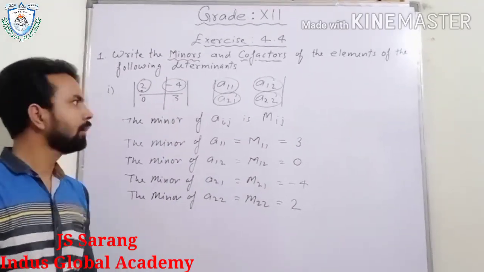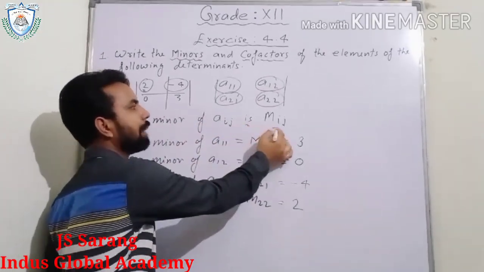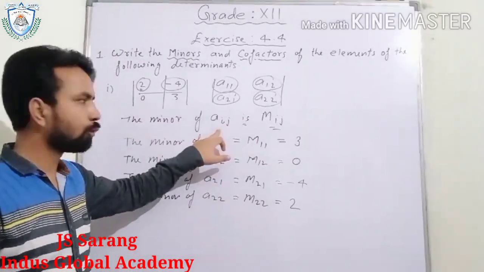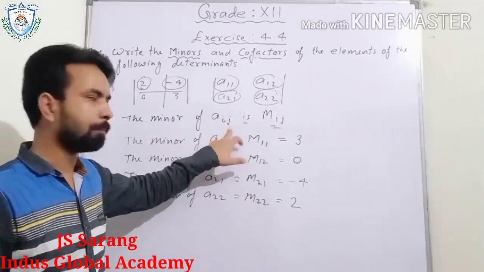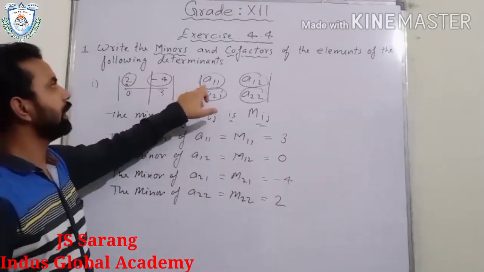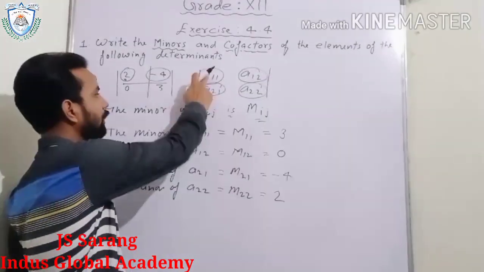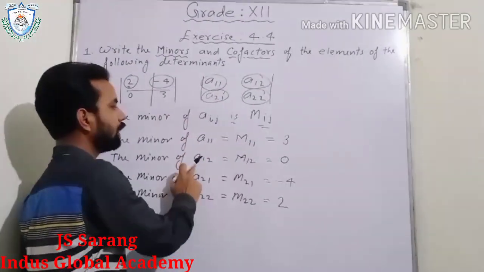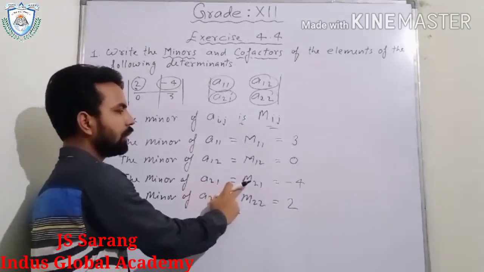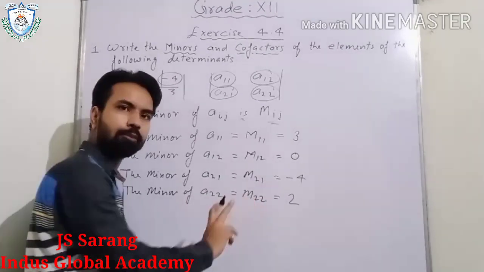Again I am explaining. The minor of Aij is denoted as Mij. M stands for minor, i stands for number of row and j is number of column. So here 4 elements are here and these are represented as A11, A12, A21 and A22. So the minor of A11 will be M11, minor of A12 is M12, minor of A21 is denoted as M21 and minor of A22 is denoted as M22.